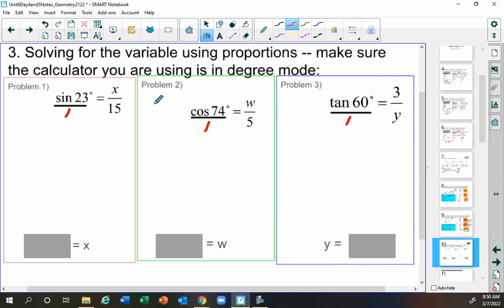Now you touch enter. What do you get? 0.3907. All right, that's good. So you can go up to 4 decimal places. So the sine of 23 is about 0.3907. So we'll just go up to there.